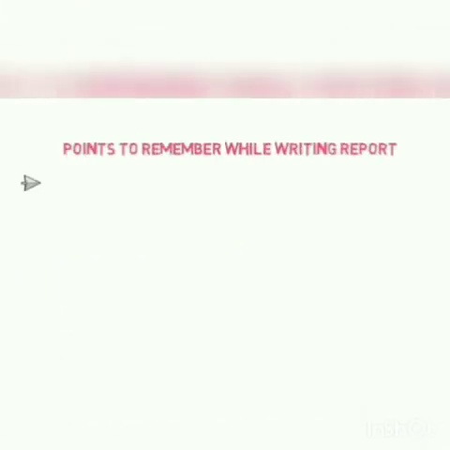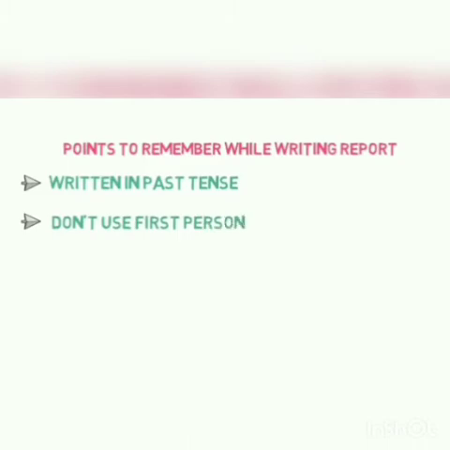And what are the points to remember while writing a report? It is always written in past tense. Which tense, children? Past tense. And don't use the first person. Don't use first person words like I, me. And what should you use? You should always use the third person.